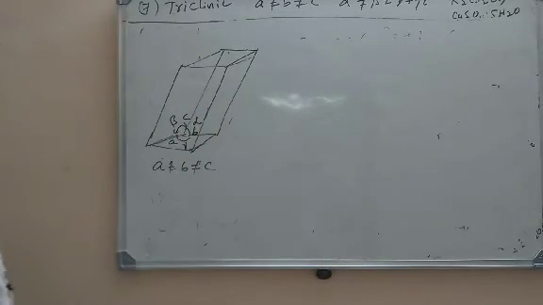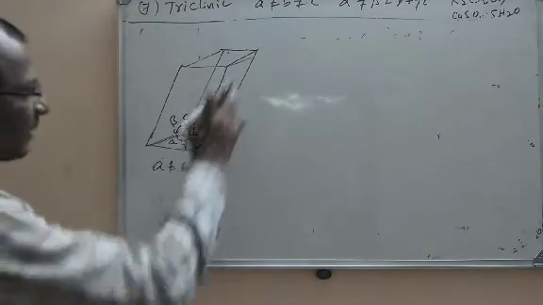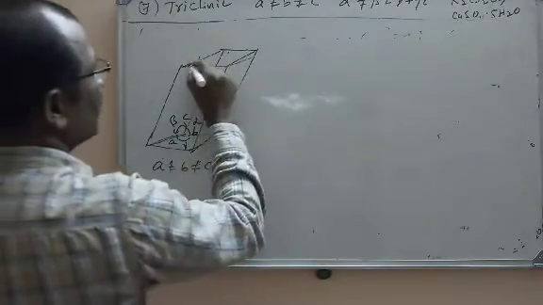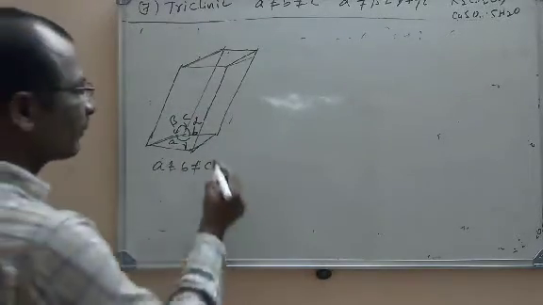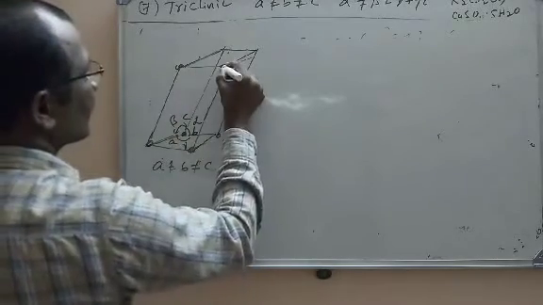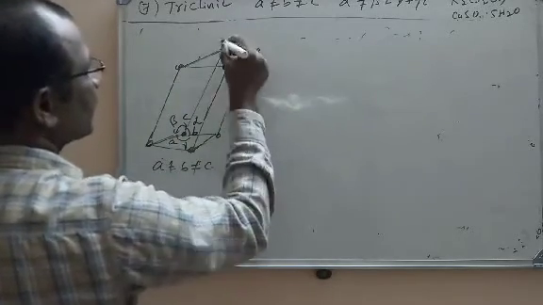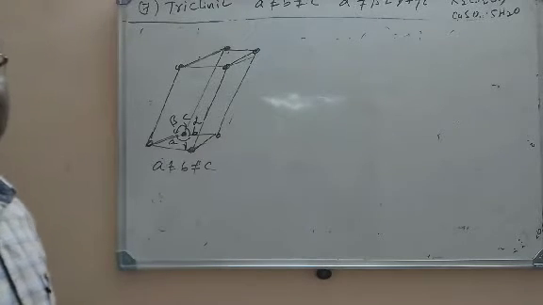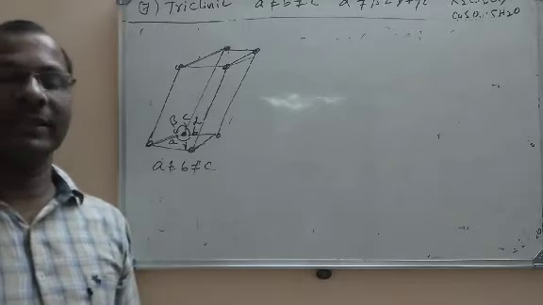All the angles are different from 90. So a is not equal to b is not equal to c, and it is available in only primitive form. Primitive form means it will have 8 points at the 8 corners. Only one crystal type is available. So this is all about the 14 Bravais lattices.